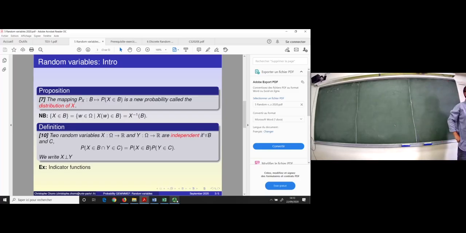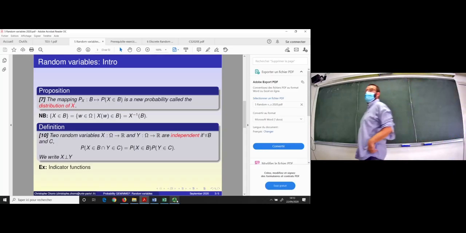Now, what is the definition of a mapping? Is someone able to give me a clear definition of a mapping? No? We talk about mappings.